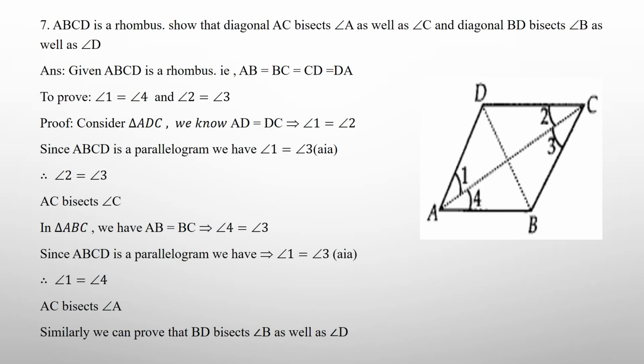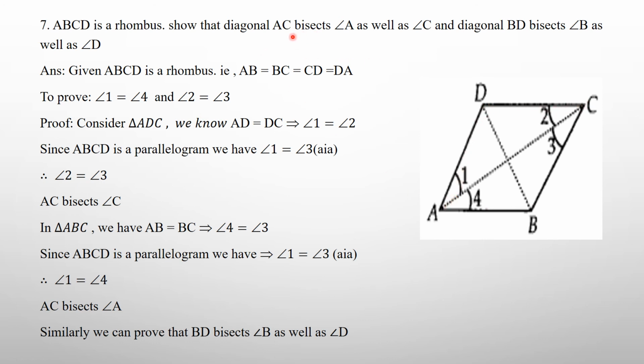Question number 7. ABCD is a rhombus. Show that the diagonal AC bisects angle A as well as angle C, and the diagonal BD will bisect angle B as well as angle D. We are given ABCD is a rhombus. From this we can write all the four sides are equal, that is AB equal to BC equal to CD is equal to DA.